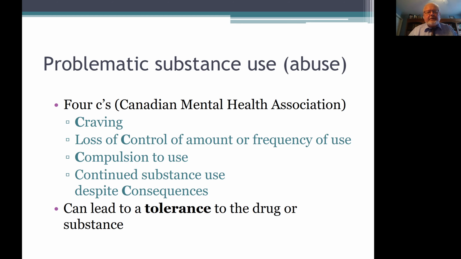What tends to happen is that eventually there might be a reverse tolerance, where the amount of use remains the same, but the effect increases. This usually results in an increase of negative consequences.